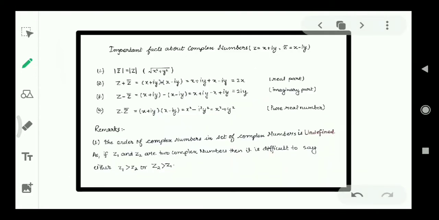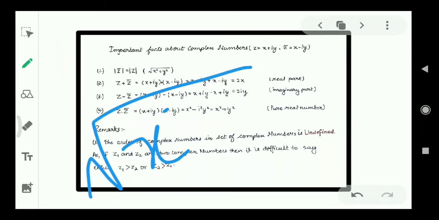Some important facts about complex numbers. Okay. Since we know z is equal to x plus iy and z bar is equal to x minus iy, here we will first talk about the absolute value of a complex number. The absolute value is given by square root of x square plus y square.